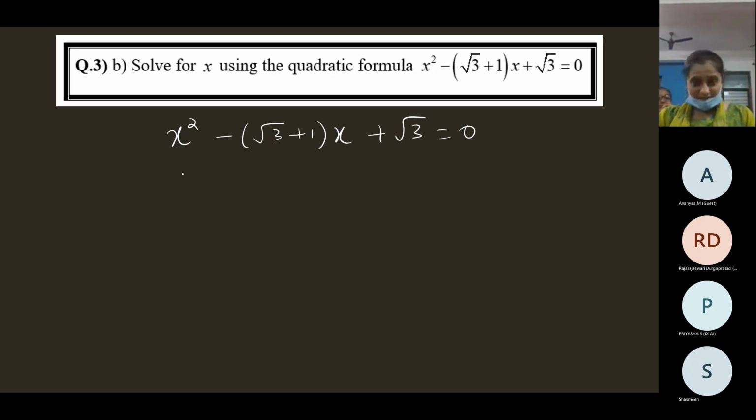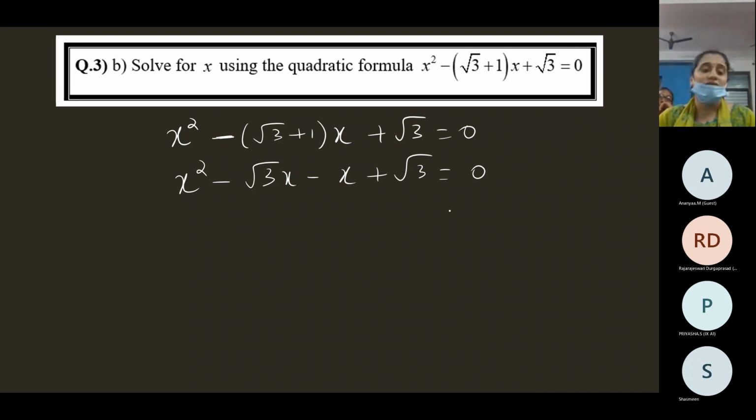All right. So release the terms from the bracket. So you have x squared minus root 3x minus x plus root 3 is equal to 0. Now see here.